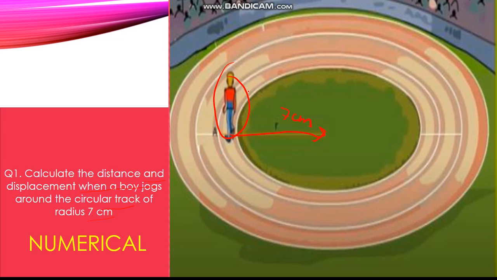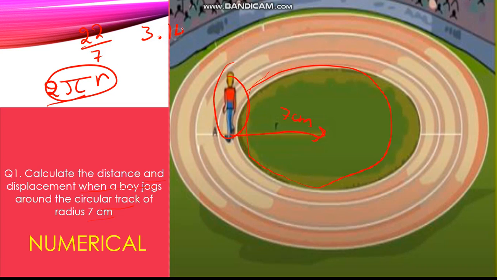Okay. Now the circumference, the formula of the circumference is 2 pi r. Pi's value is 22 upon 7 or 3.14. Okay, I hope you all are getting this. Now, r is the radius.